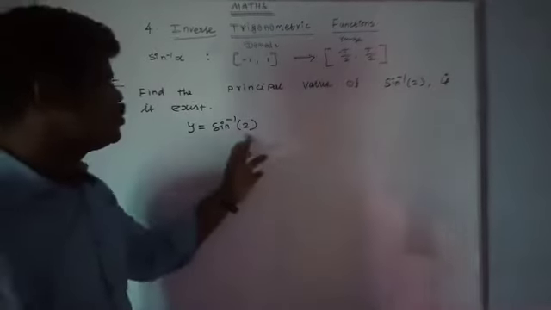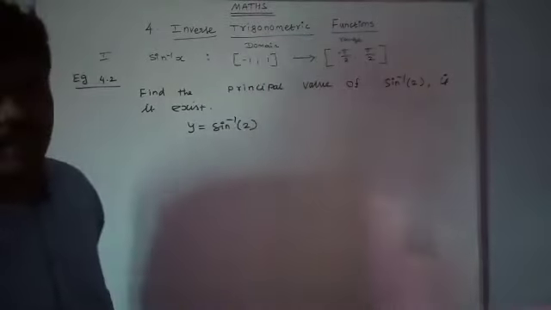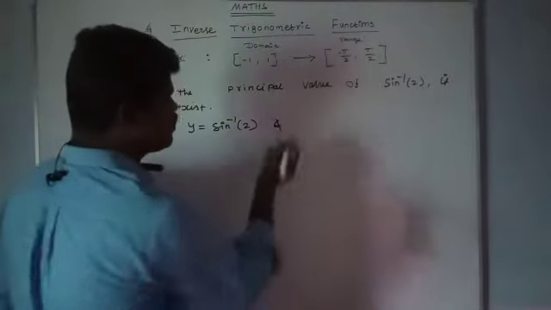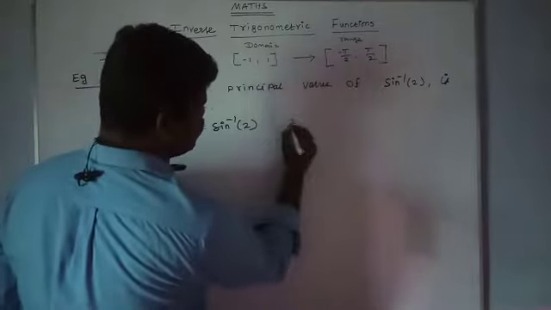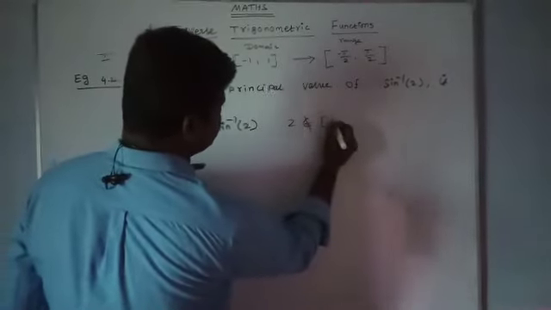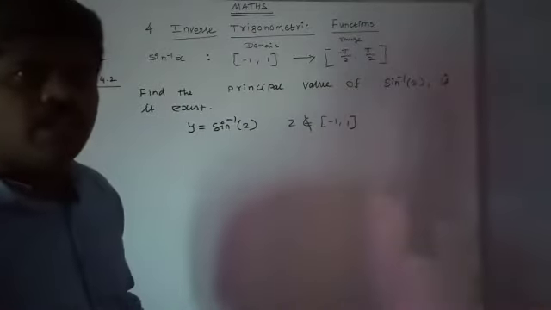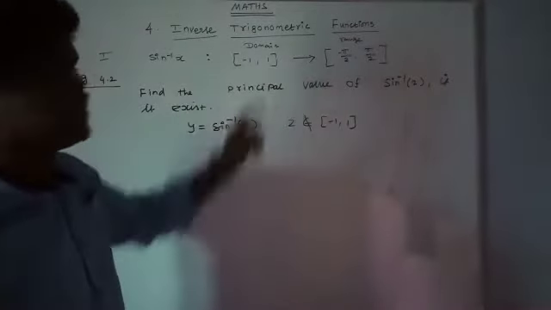So sin inverse 2 does not exist, because 2 does not belong to minus 1 comma plus 1, which is the domain of sin inverse x.